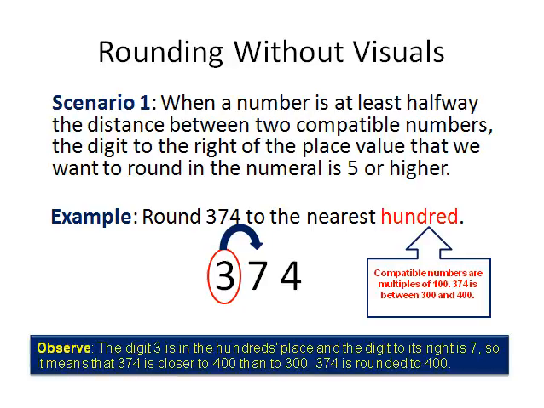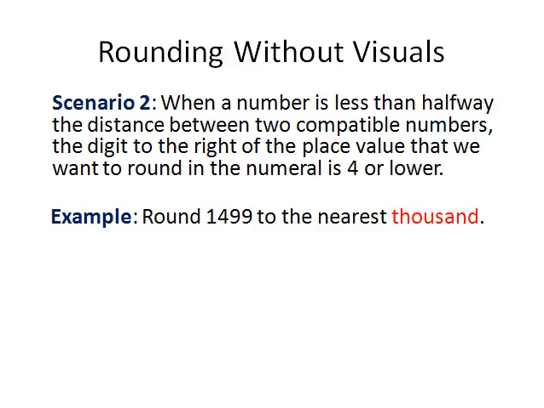If the digit to the right is 5 or more, I'm going to take the 3 and make it into a 4. I'm going to go one up because 7 is more than 5, which is more than halfway in between the two compatible numbers. I'm going to make the 3 into a 4, and then everything else to the right becomes zeros. That's why it becomes 400 when you round it.